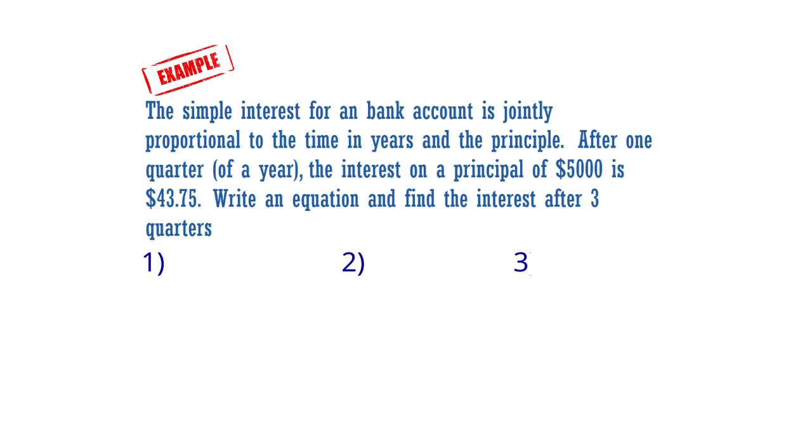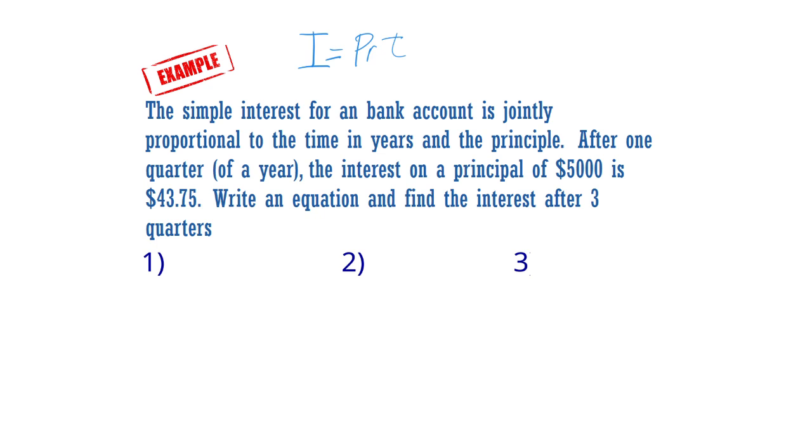This one here is a classic joint variation type of problem. It's the simple interest for a bank account, which we have already done back in chapter 1. We did interest. And if you'll recall, the interest that you earn on an account is equal to PRT, the principal, which is the amount of money you put in the account, times the rate, that's your interest rate, times the time, how long you left it in there.